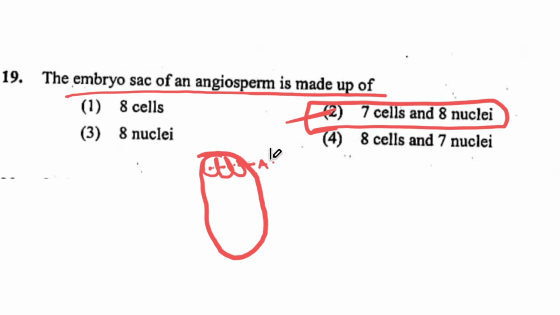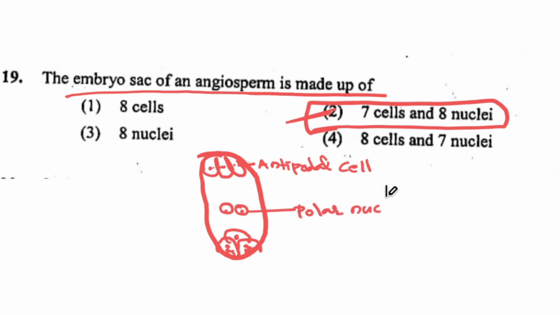Then at the micropylar end you will come across 2 synergid cells and 1 egg cell. In the center you will come across 2 nuclei. These are nothing but the polar nuclei, and this is the central cell.